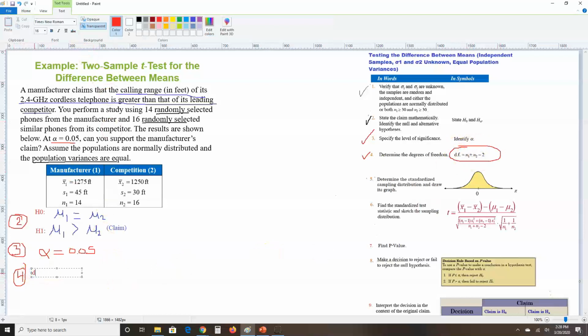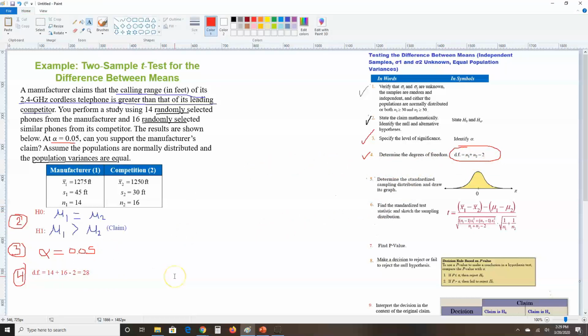So df is going to be n1, which is 14, plus n2, 16, take away 2. And when you work this out, you're going to get 28. And that is my degrees of freedom. I did step number 4.